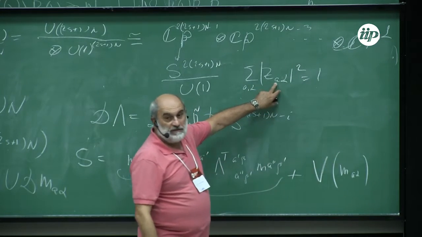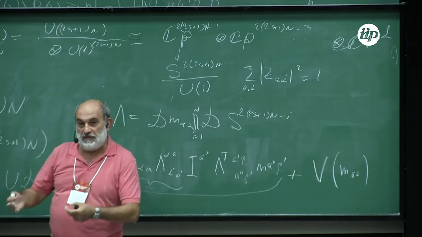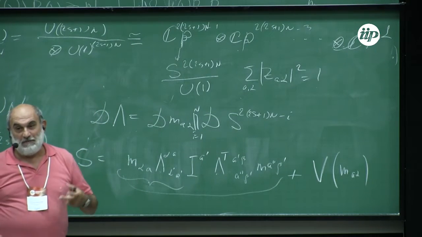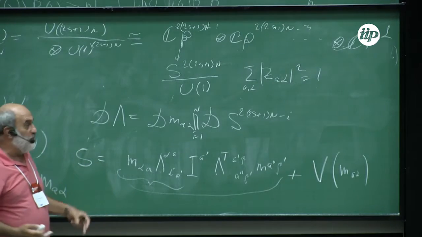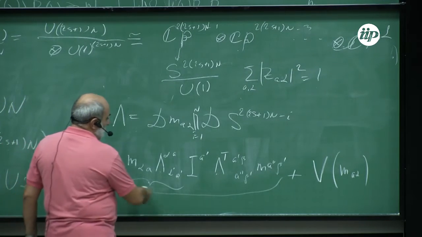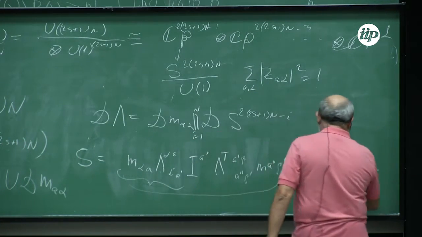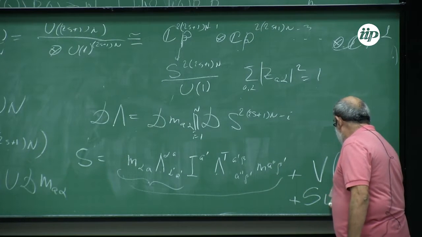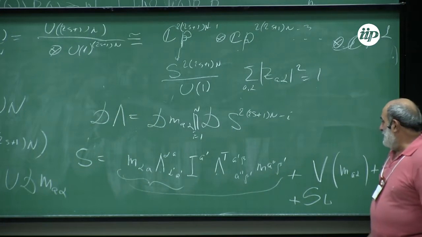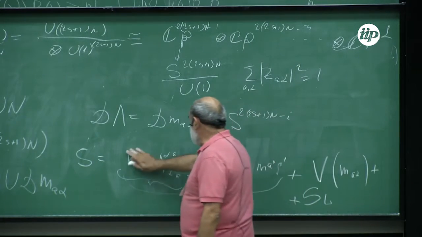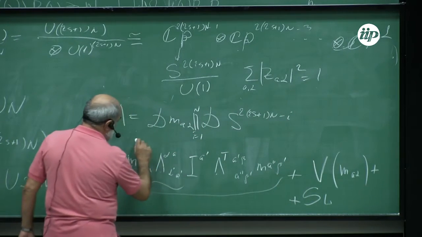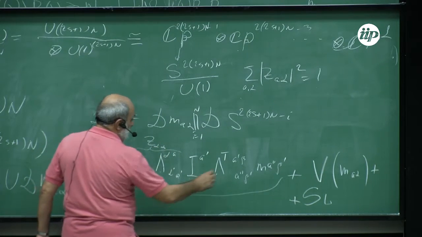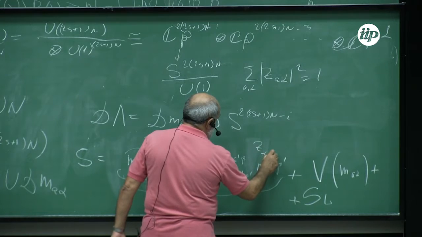One can introduce this property as a delta function into the measure of integration, introduce Lagrange multipliers, and incorporate it into the action part. And then we can replace these factors by Z alpha A.